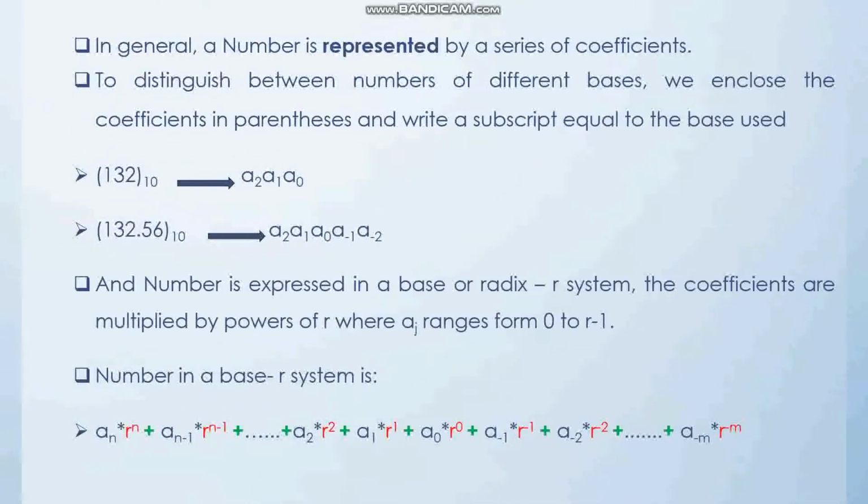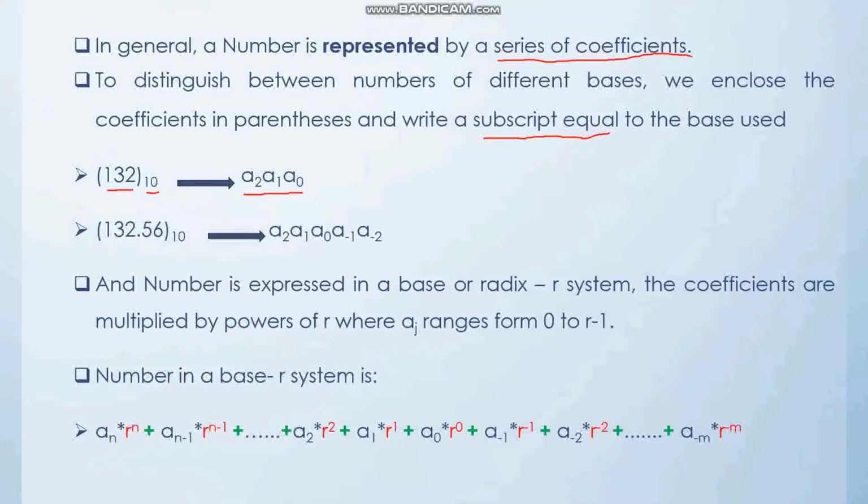In general, a number is represented by a series of coefficients. To distinguish between numbers of different bases, we enclose the coefficients in parentheses and write a subscript equal to the base used. The number is written in the brackets, with the subscript equal to the base, and it is represented in terms of coefficients.